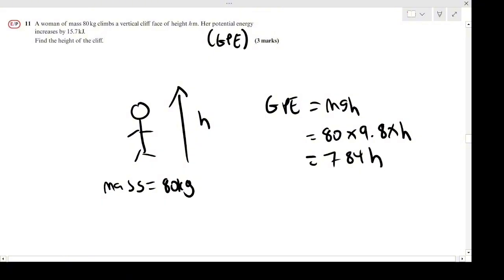I'm also told how much the potential energy increases by. As she climbs up the cliff, that's how much energy she gains. So that means the GPE has to also be this 15.7 kilojoules.